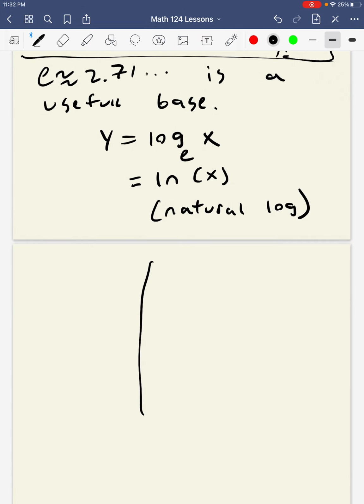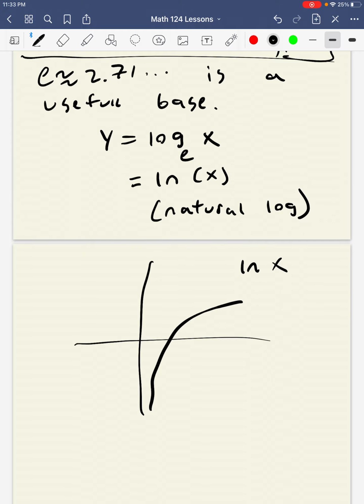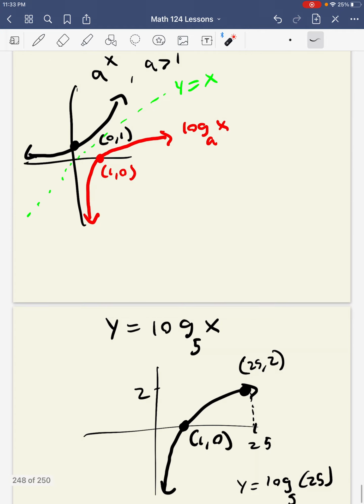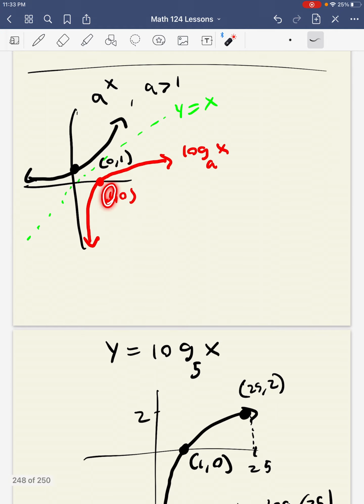Okay, and so we have this graph for the natural log of x. We'll go through here. You need a calculator when you're plugging numbers into this, except for the number 1. Notice how in the general template I said if you plug in 1 to a function like this, it'll always equal 0.